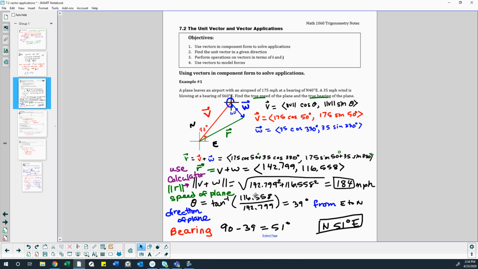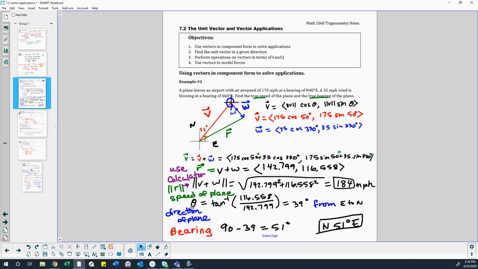To find the magnitude of our resultant vector, or the magnitude of v plus w, we use the Pythagorean theorem: square root of 142.799 squared plus 116.558 squared. Put that in a calculator and you get about 184.3. So let's just round that to 184 miles per hour.